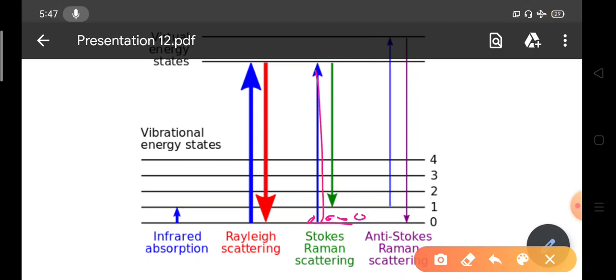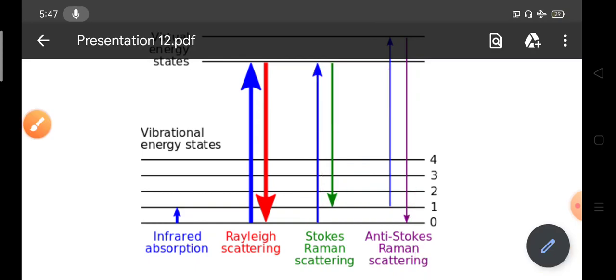They will be excited and come back to a higher vibrational state, and that will give you the Stokes line. But at room temperature there will be very few molecules at the V equals 1 level or higher vibrational levels. So this scattering, that is the anti-Stokes line, will be weaker.